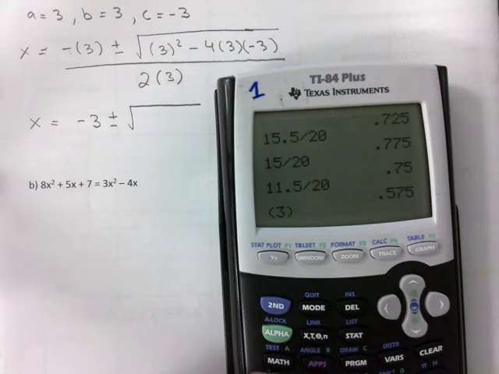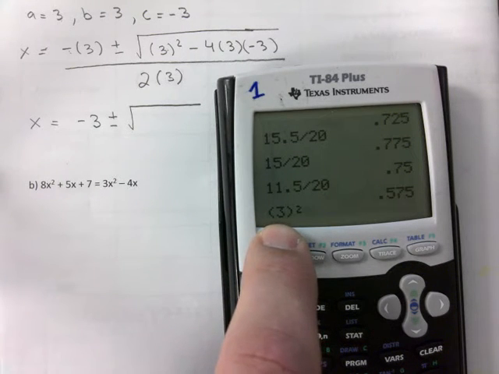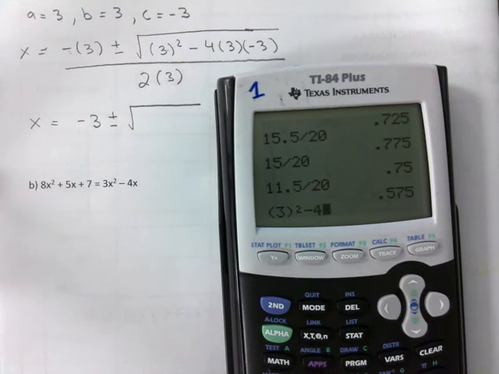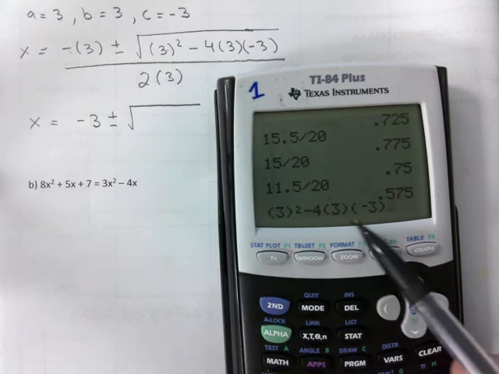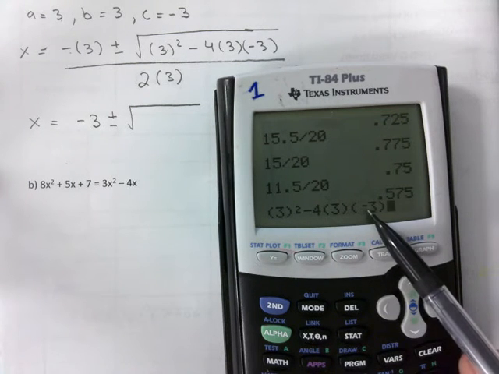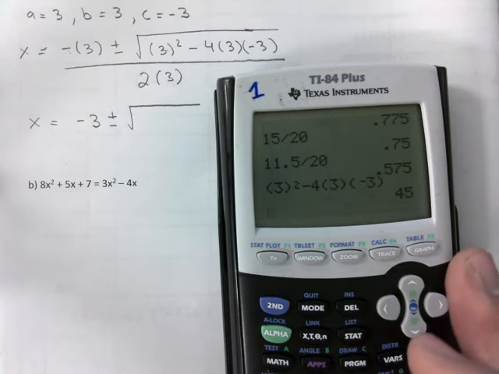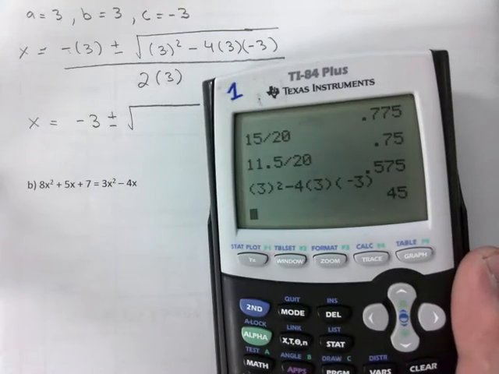I would strongly recommend you use brackets because sometimes they will be negative, right? So I just type in exactly what is there, with brackets and all. This is a negative using the negative button, right? So you gotta watch out when it's inside a bracket, you need to use the negative. And if you hit equals, you should get 45.